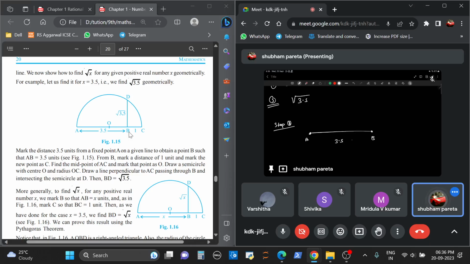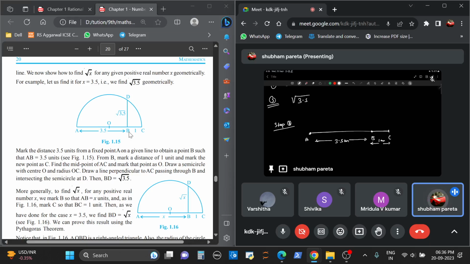So take 3.5 centimeter over here. After taking a 3.5 centimeter segment, extend it by 1 centimeter and mark it as BC. So this is basically 1 centimeter.